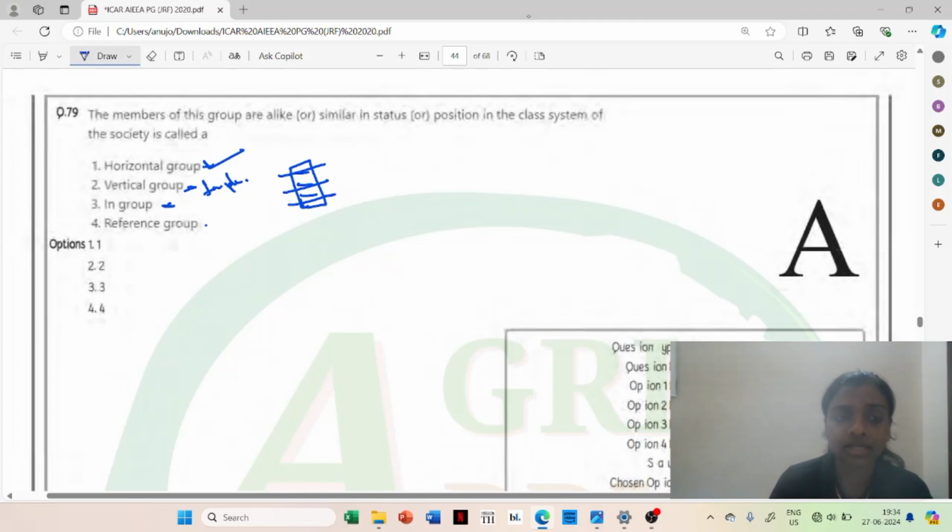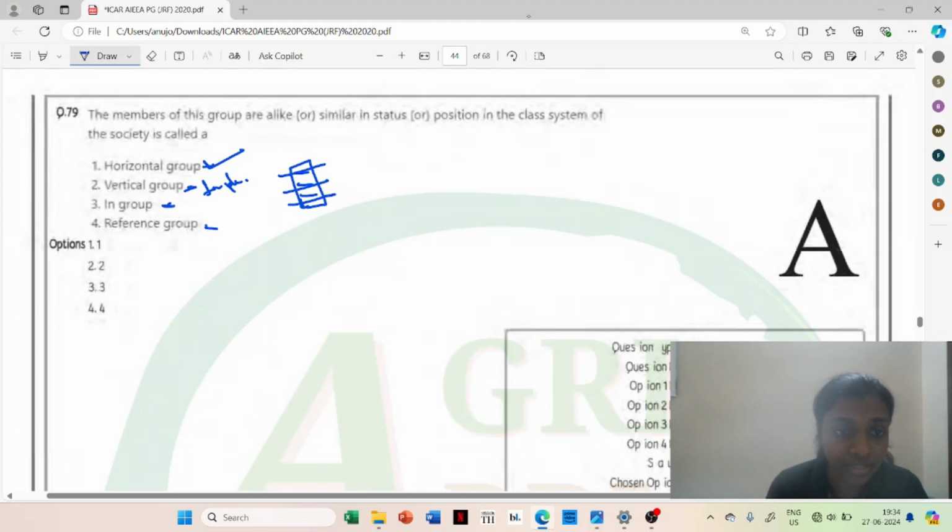In-group means a very intimate group of a person, which means he identifies himself in the group. Say for example, a peer group, or in the same example we can take a religious group. The person will be a member of the group and he will have a very intimate relation also.